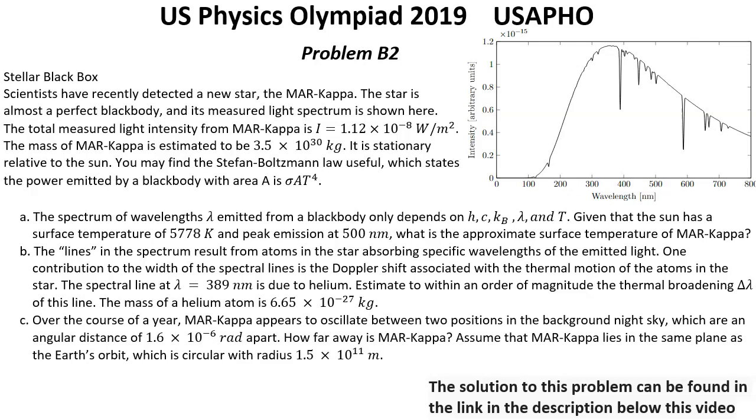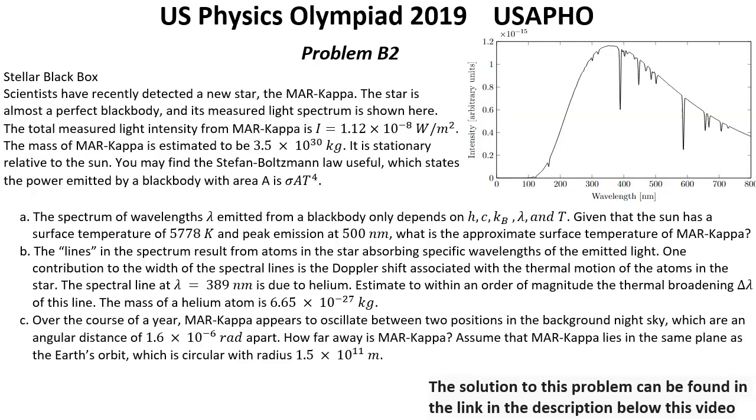The spectral line at λ equal 389 nanometers is due to helium. Estimate to within an order of magnitude the thermal broadening Δλ of this line. The mass of a helium atom is 6.65 × 10^-27 kilogram.